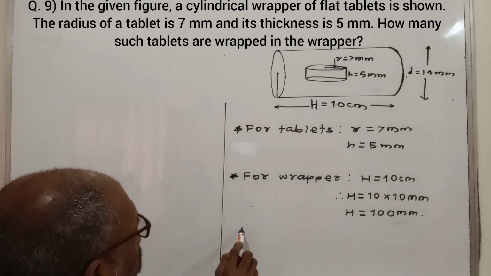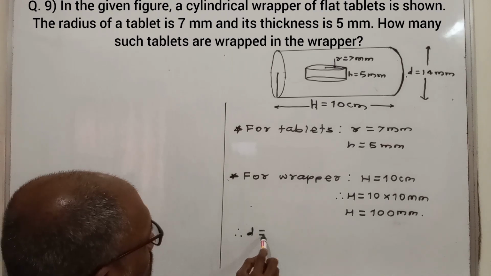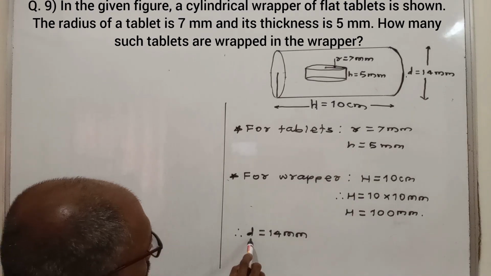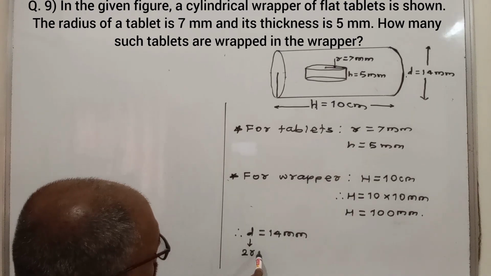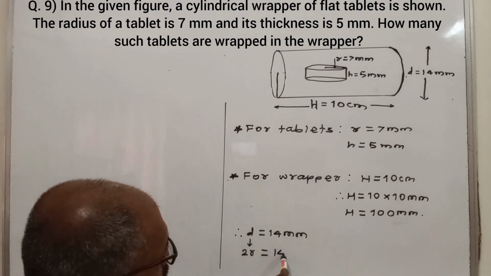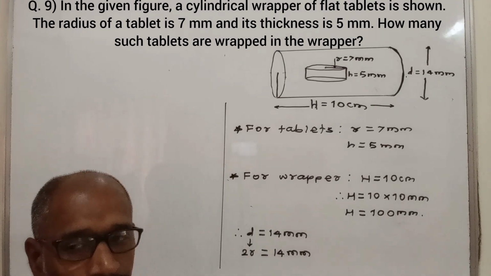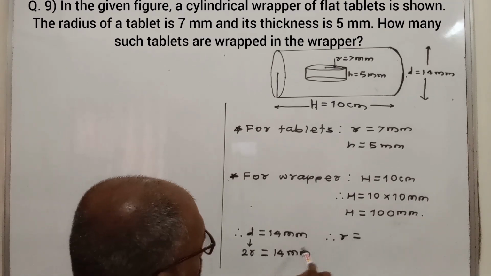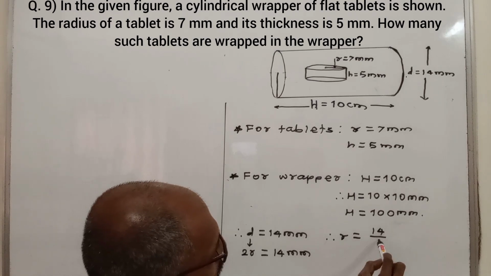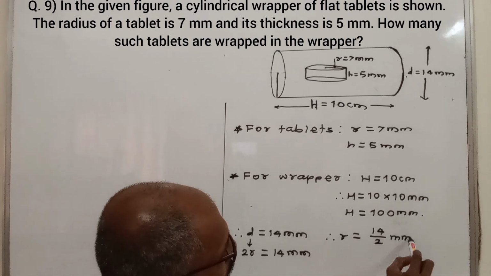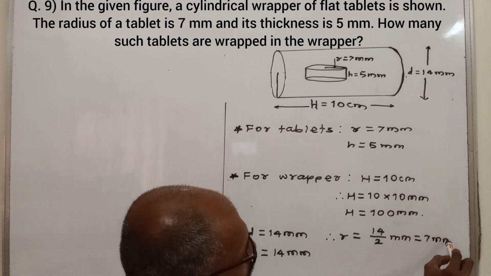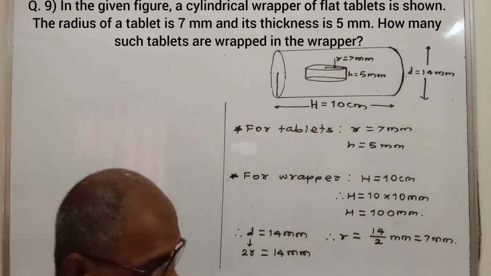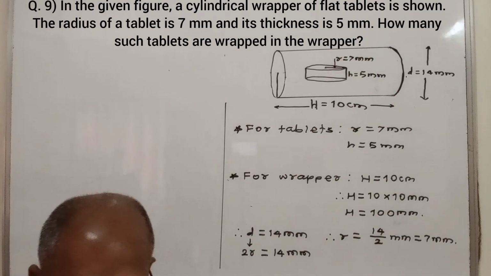Okay, and we have been given the diameter. Diameter is equal to 14 mm. So formula for diameter: 2r is equal to 14 mm. So we write, therefore r is equal to 14 upon 2 mm, which is 7 mm, meaning the radius of the tablet and the radius of the wrapper are both equal, same.